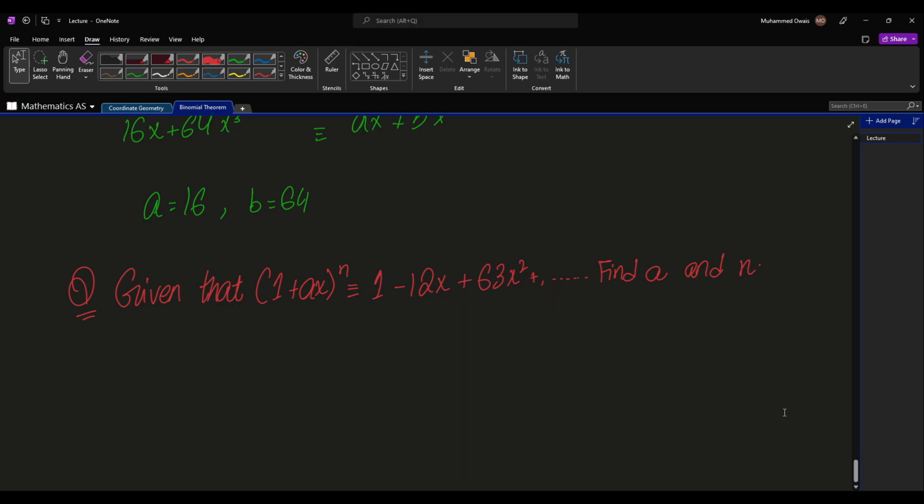Alright, then here we have another comparison question. However, this time we have not been given the value of n and the value of a. They have asked us to find the value of a and n.